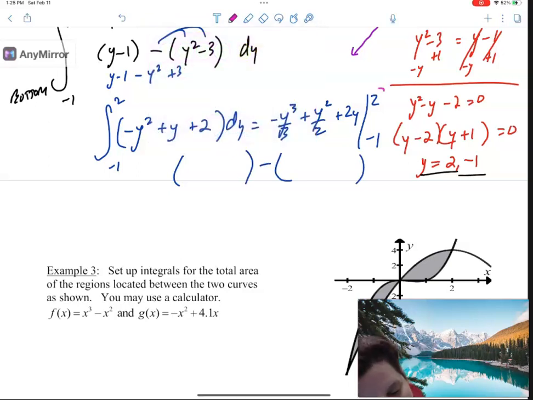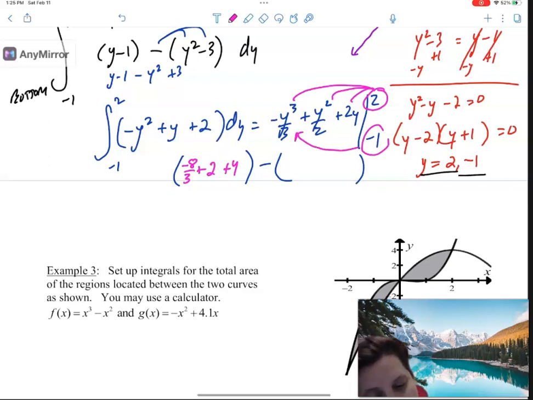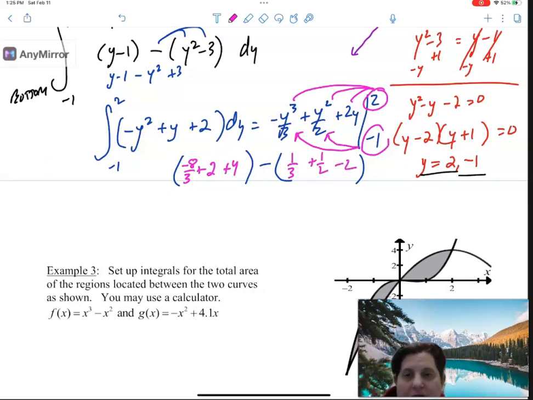When I plug in 2, I get negative 8/3 plus 4 over 2, which is 2, plus 4. When I do the negative 1, I get negative negative, so positive 1/3. A negative 1 squared is plus 1/2 minus 2. Rather than getting common denominators at this point, here's how I like to do it.